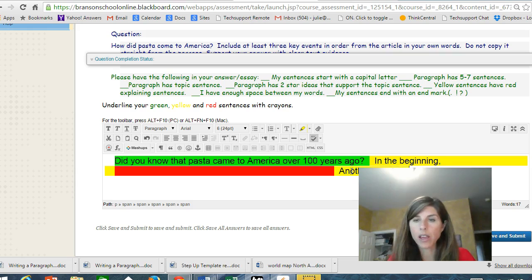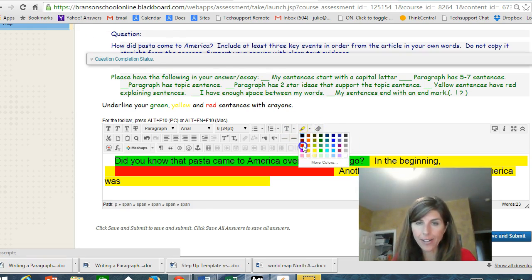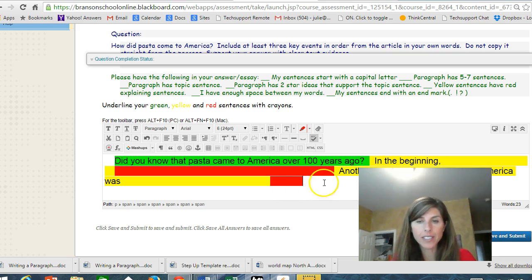Another reason why pasta came to America was, and I'm not going to tell you, so you can write your own answer, and I'm going to explain that a little bit more in detail with my red sentence. And of course, you guys have to fill in the blanks.